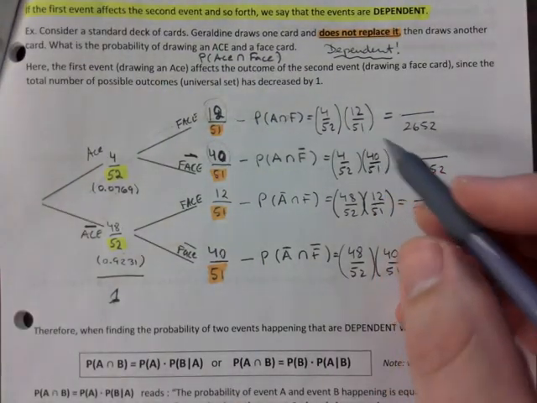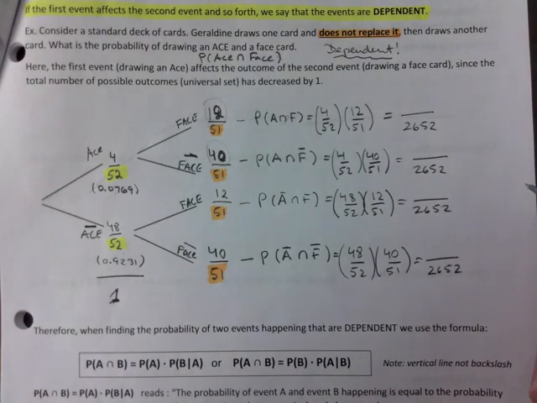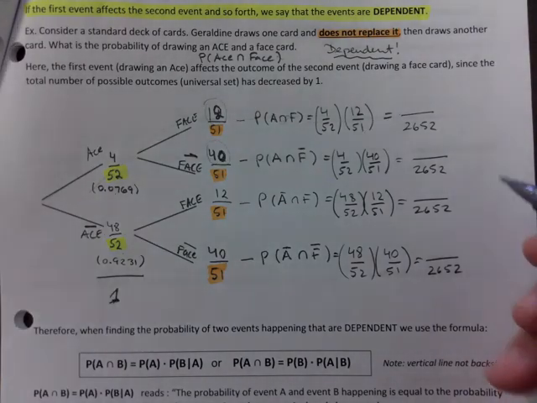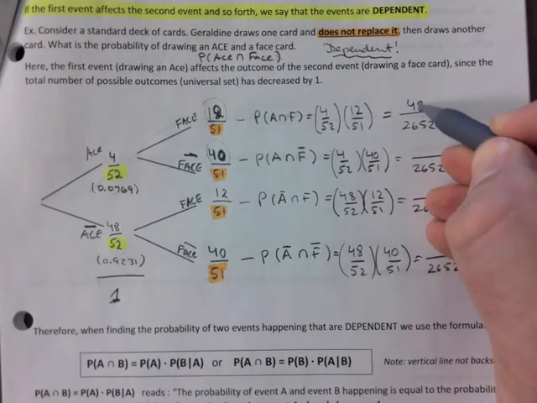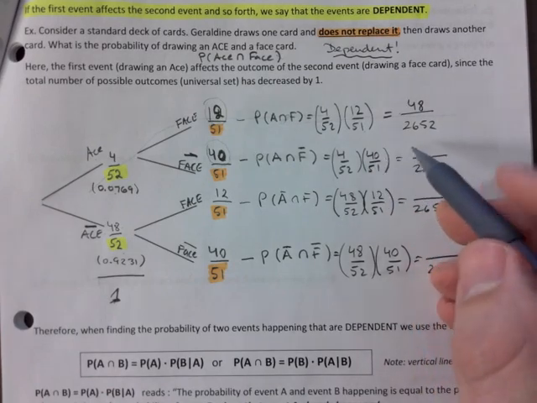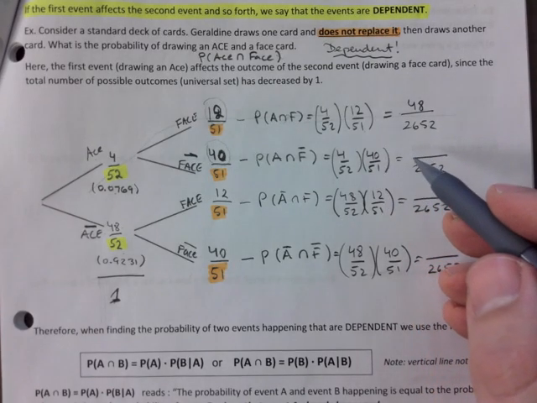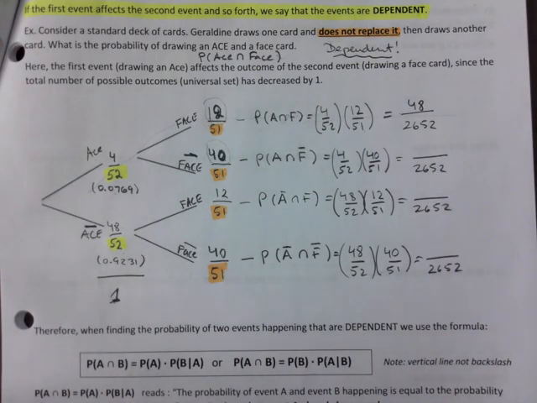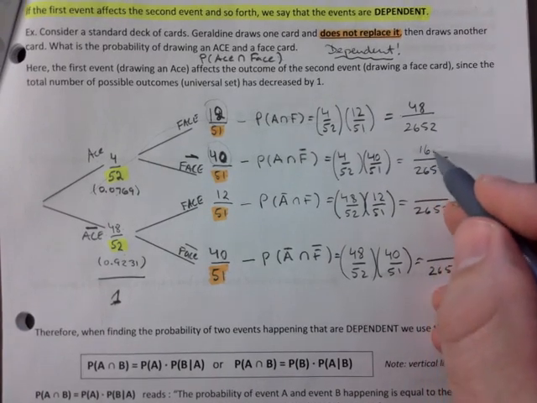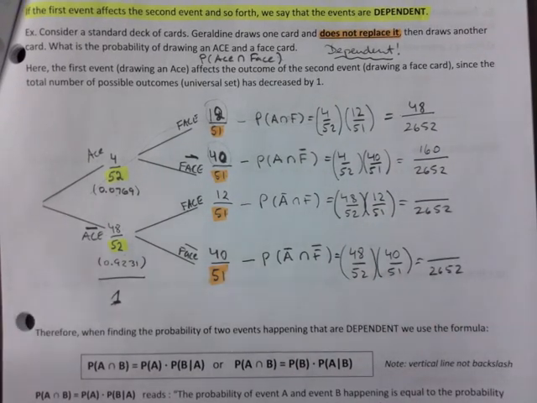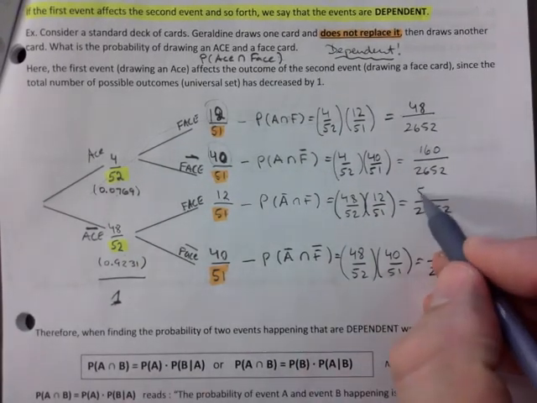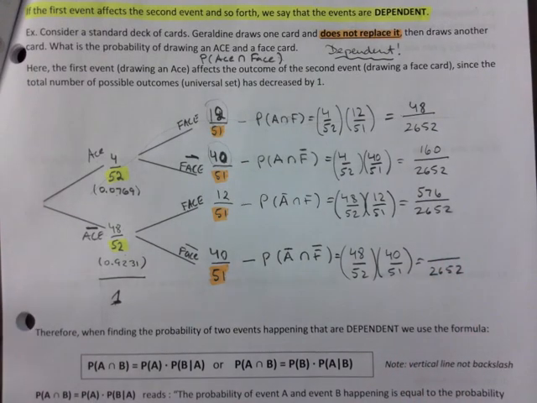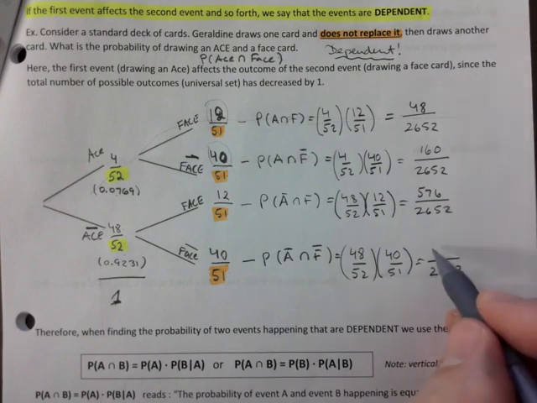So 4 times 12, that'd be 48. 4 times 40, that's 160. 48 times 12, 576. 48 times 40, 1920.